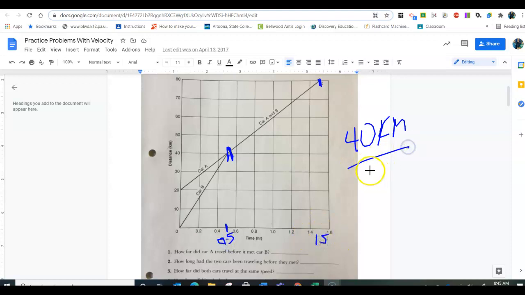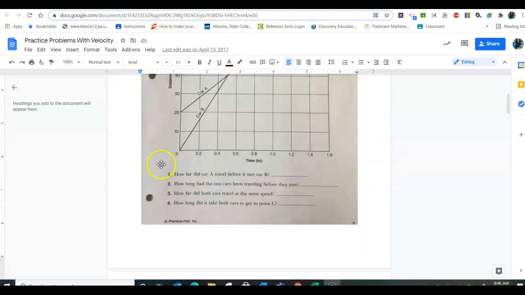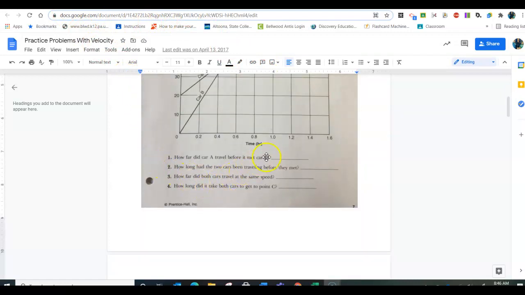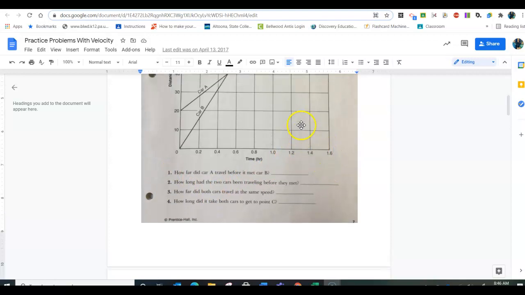Those are hours, so this took 1 hour. So they traveled, the distance was 40 kilometers. And they were actually traveling at 40 kilometers per hour there.